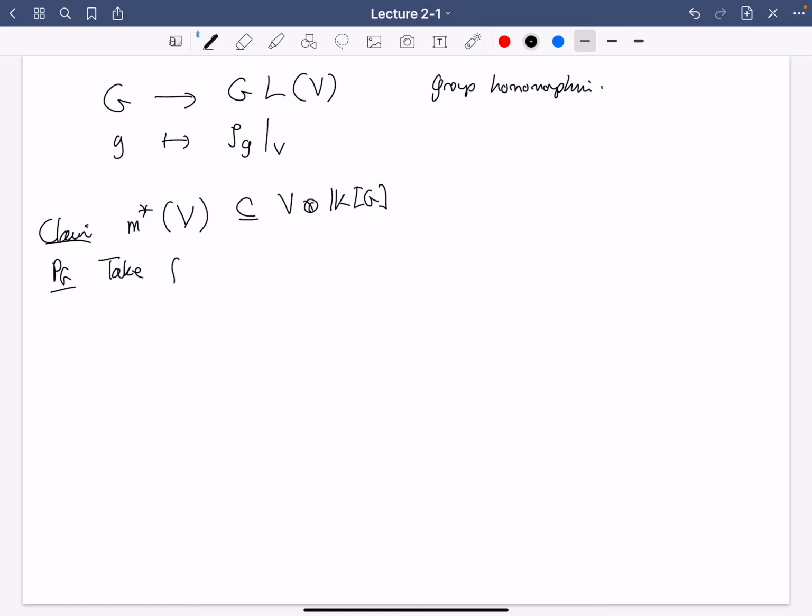So I have to take any f in V, and you look at the co-multiplication of f. It's going to be some linear combination of ai tensor bi, where you can choose this so that these bi's are linearly independent. This is for ai and bi in K of G.